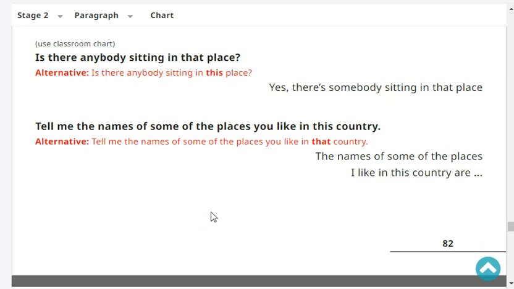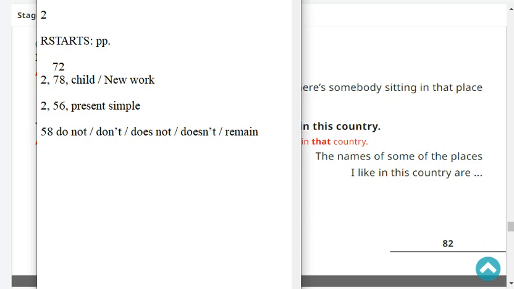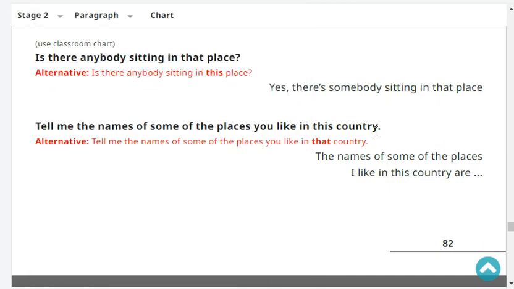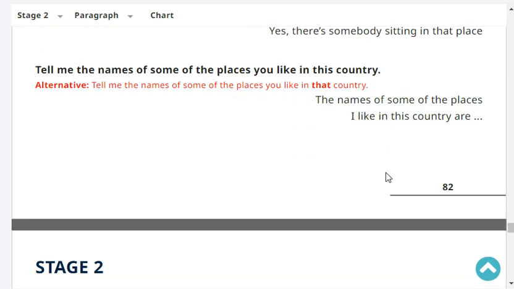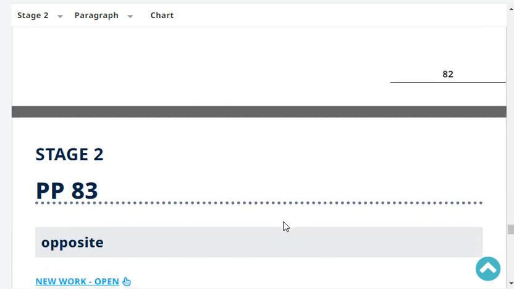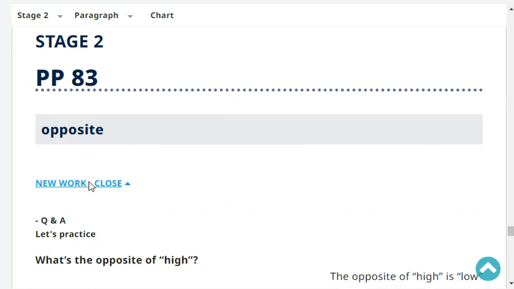The names of some of the places I like in my country are Nagasaki, Tokyo, Hokkaido, etc. Very good.